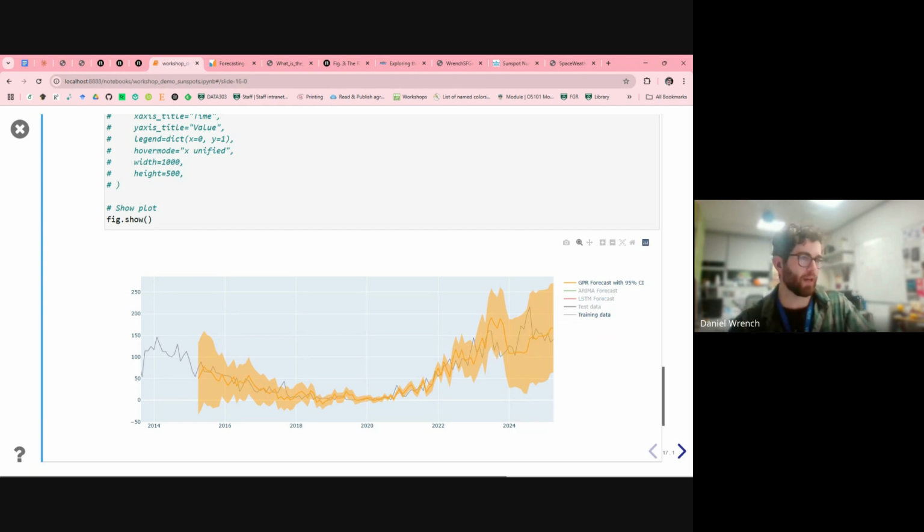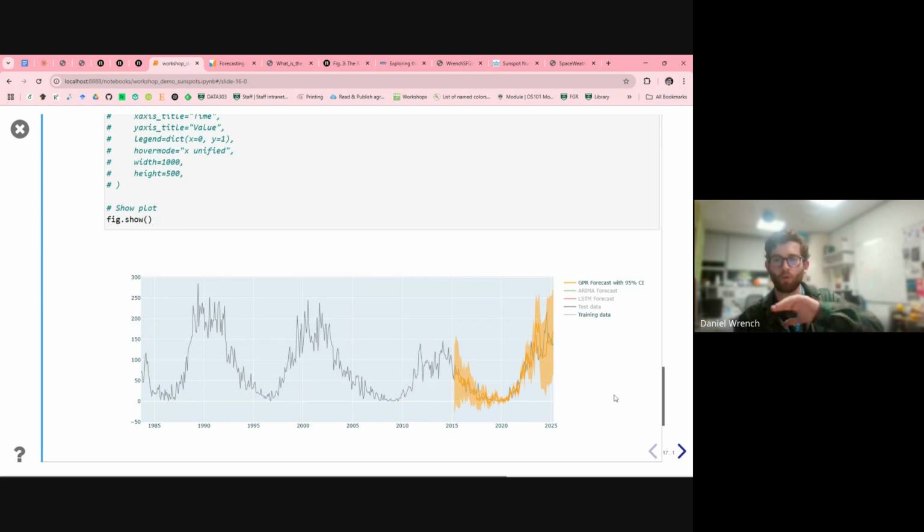What I really like about the Gaussian process regression is how the changing width of that confidence region really reflects the changing variance that we know from this data set, right? If you think back to when we overlaid all the cycles that we observed, we saw that there was a lot of variation at the peak of the cycle, but very little variation at the trough.